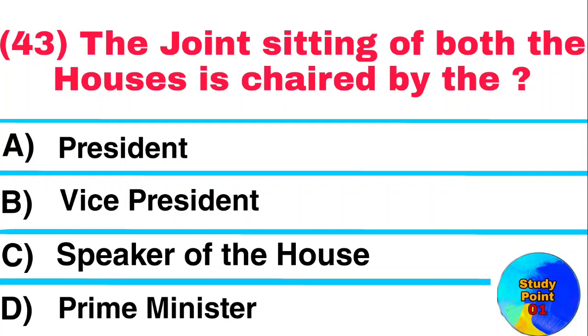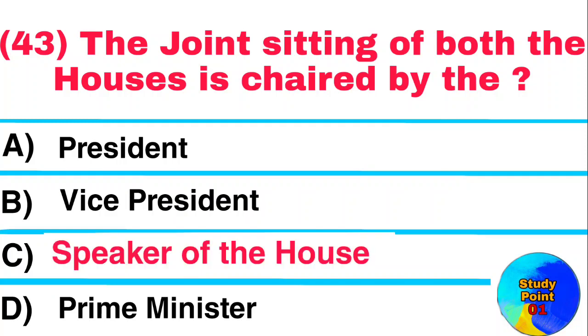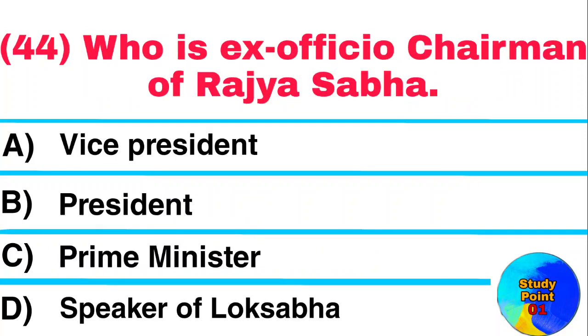B. Vice President. C. Speaker of the House. D. Prime Minister. Answer. Speaker of the House. Question. Who is ex officio chairman of Rajya Sabha? A. Vice President. B. President. C. Prime Minister. D. Speaker of Lok Sabha. Answer. Vice President.